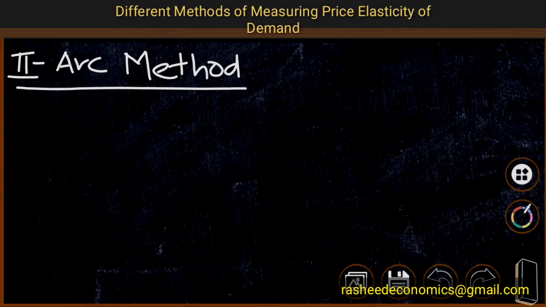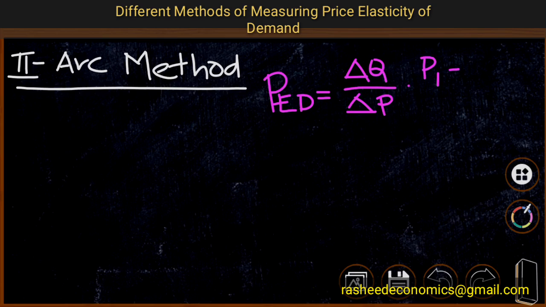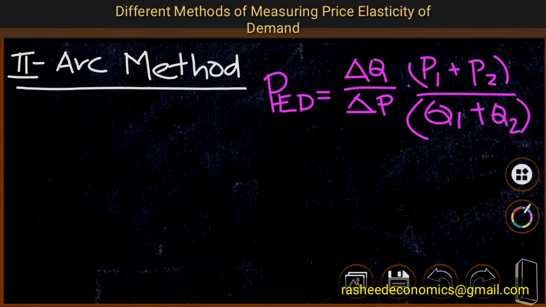The equation can be written as price elasticity of demand is equal to delta Q by delta P into P1 plus P2, that is original price plus new price, divided by Q1 plus Q2. Equation once again: price elasticity of demand is equal to change in Q divided by change in price, into P1 plus P2 divided by Q1 plus Q2.